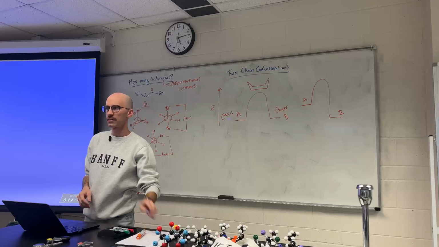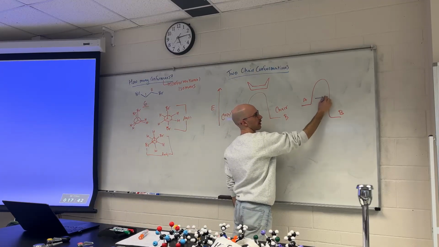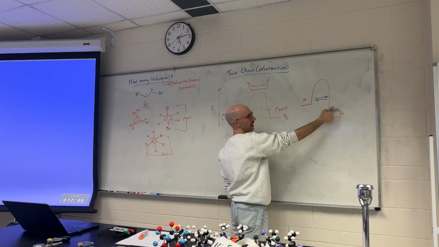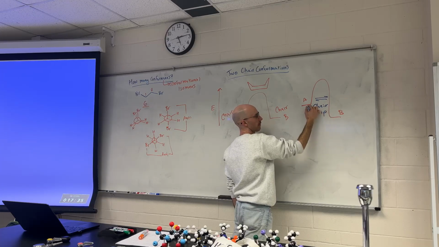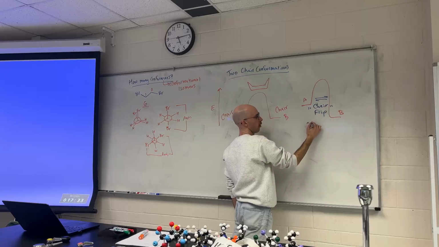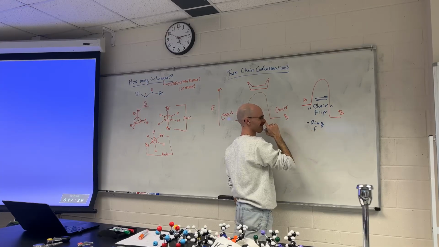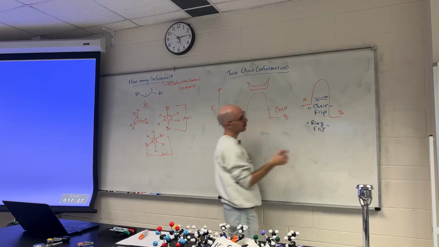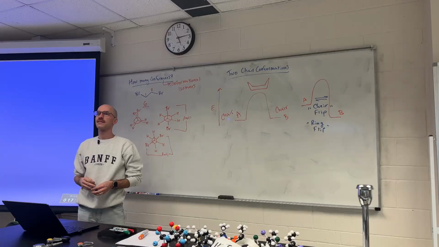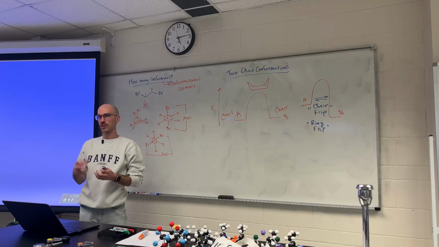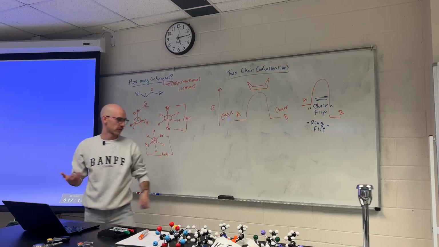And this process of taking one chair and showing it as another chair is called a chair flip or a ring flip. I say both because I kind of forget which one most people use, and it doesn't really matter. You are flipping the conformation of the ring. You're flipping the chair conformation.